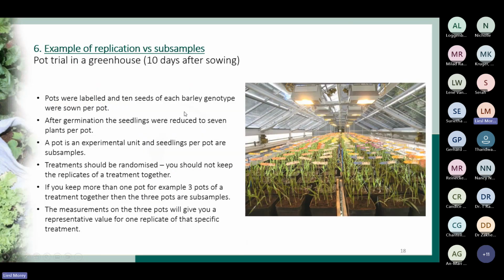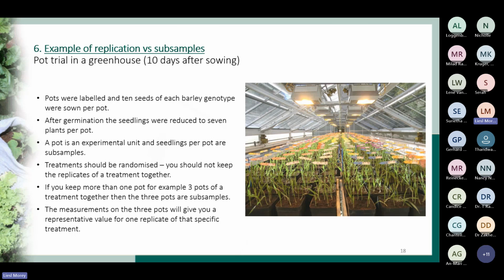Then I just wanted to highlight the difference between replication and subsamples, which is very important. Our replications must be independent from one another. Here I have an example of a pot trial in a greenhouse. The photo was taken 10 days after the seeds were sown.